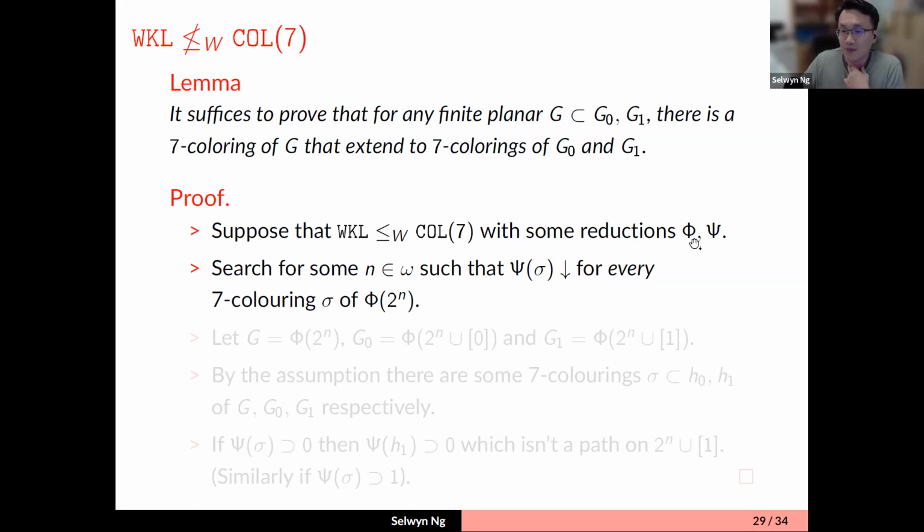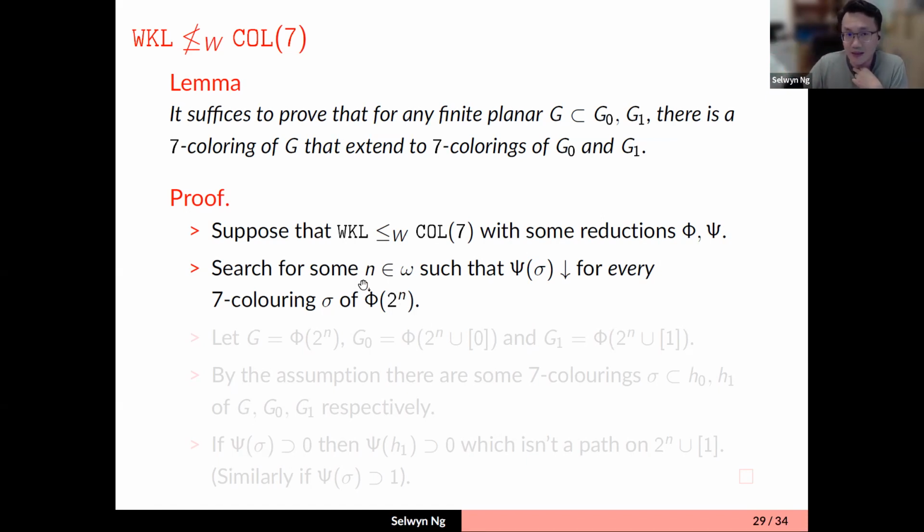Now, the first observation is that if we are thinking of feeding to phi more and more layers of the full infinite binary tree, 2 to the n, then phi applied to 2 to the n will be larger and larger pieces of the eventual graph.